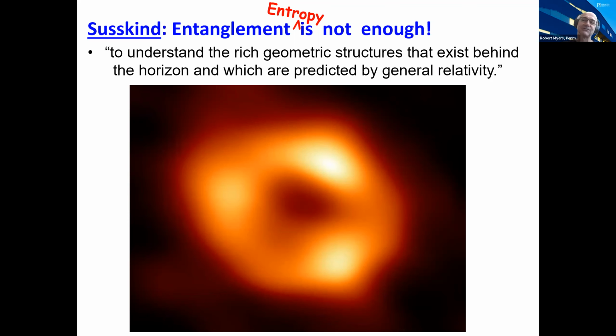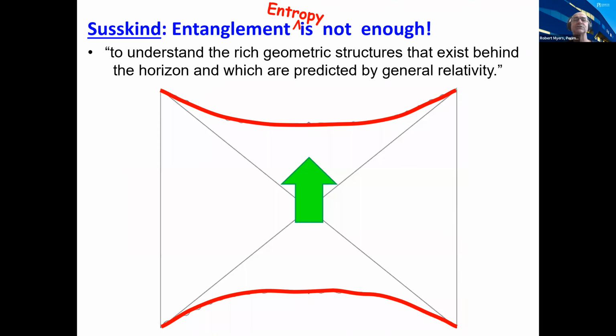And so this is just a fun picture. This is what we now know a black hole looks like, care of the Event Horizon Telescope collaboration. But today, all you're going to get is cartoons like this one that you're more familiar with. This is the Penrose diagram, of course, of an asymptotically AdS black hole.